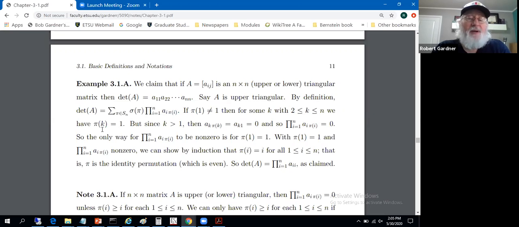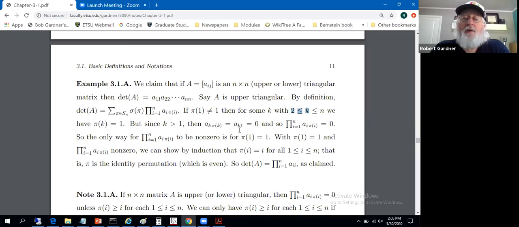Remember, pi is a bijection. A pi of something equals 1. If it isn't 1, then it's something, call it k, that's bigger than 1. All right, we're looking at it like this because then we've got a sub k, pi of k, that's a sub k comma 1. Ooh, but we've got the situation where k is greater than 1. It's implied right here.